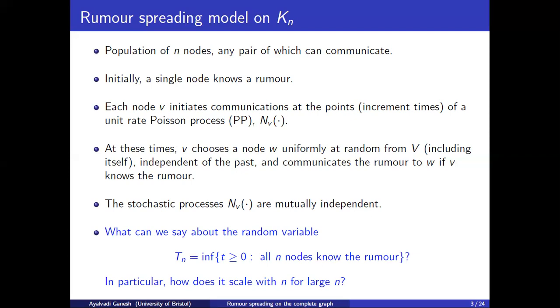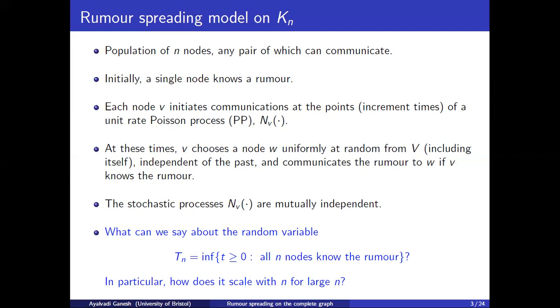Okay, you might at this point be thinking that there's an even simpler way of modeling this, and this is somewhat complicated. So here is the simpler way of modeling it, which is in discrete time. So you have a population of size n. Again, a single individual knows a rumor. Time is discrete. In the first time step, this individual passes on the rumor to someone chosen at random.